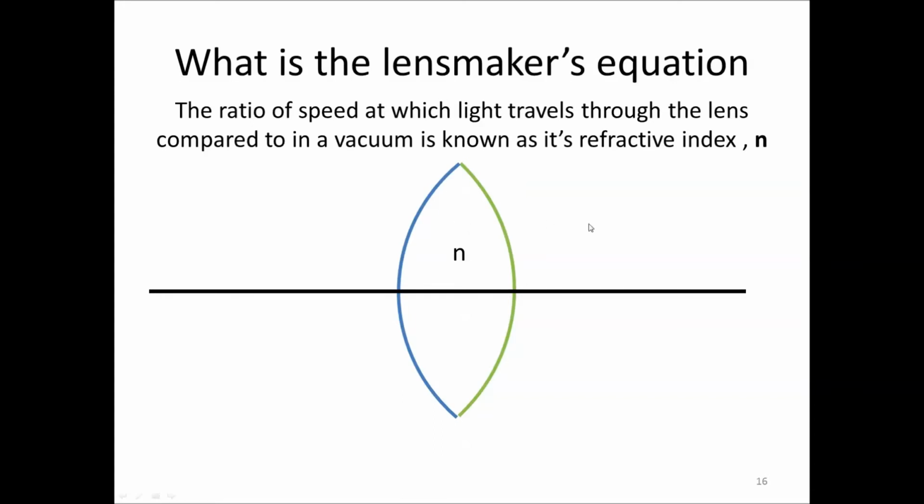Meaning that light will travel faster in air or in a vacuum as opposed to in the lens. So this ratio of how fast light travels in air as opposed to through the lens is called the refractive index. Now, because light always travels slower in the lens as opposed to in air, this value for the refractive index will always be greater than 1.